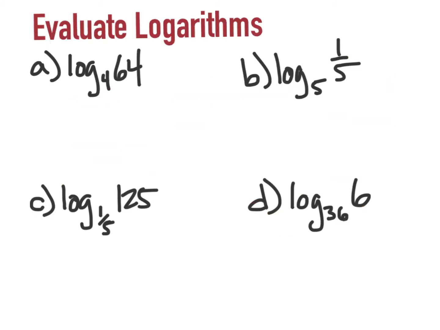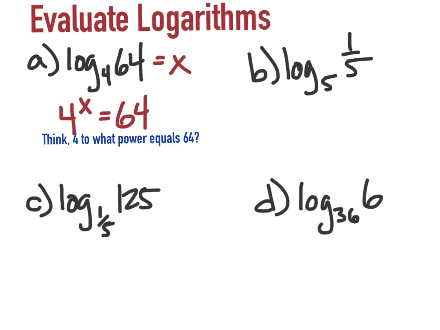Now let's use that skill to evaluate logarithms. These don't actually say equals anything, but we can act like they do. I'm going to imagine that there's an x here. So 4 to what power equals 64? Well, that would be 4 cubed. So log base 4 of 64 equals 3.